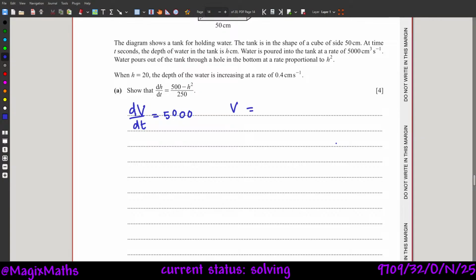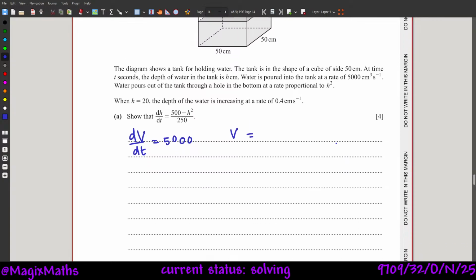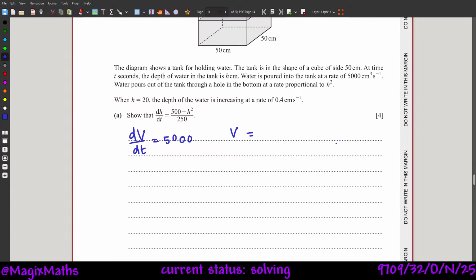The volume of the water is just 50 times 50 times height, or 50 squared is 2500 h, and then dV over dh is just 2500, right?